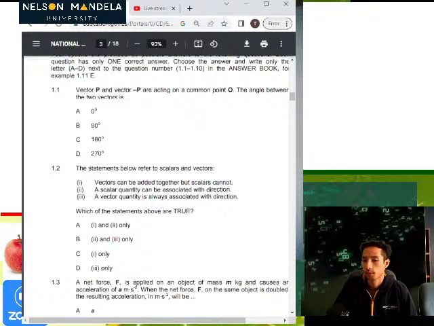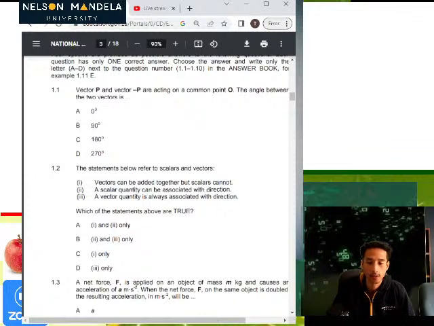by determining which ones are false and then not including the ones which are false. So vectors can be added together, but scalars cannot. We know this is false.